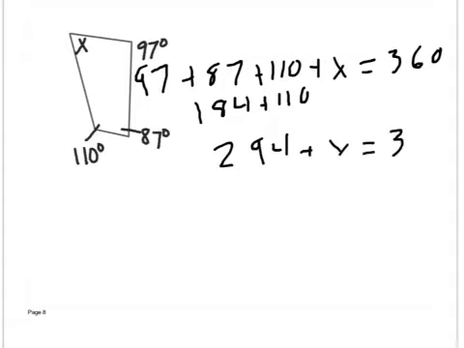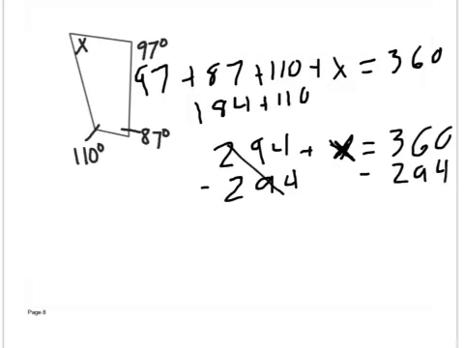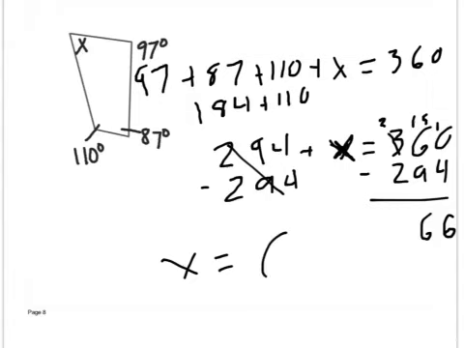Plus x equals 360. So we subtract 294 from both sides to find x. So x equals what? 66. Now in your homework it'll ask you to list all of the unknown angles. There's only one unknown angle here. It's x and it's 66. So there's your answer.